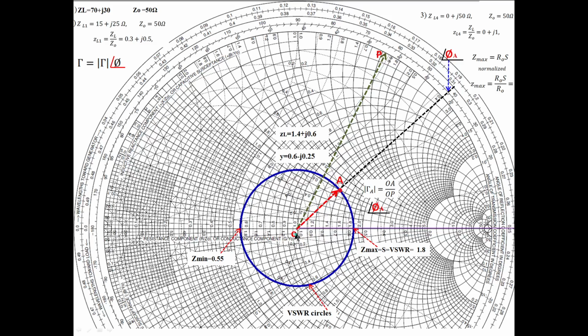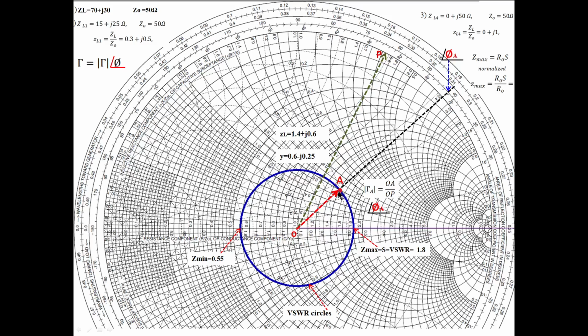Just draw a line from the center of the Smith chart to the load point, measure how many centimeters. Similarly, measure how many centimeters it is from the center of the Smith chart to this R equal to 0 circle, like the OP I have marked here. Take a ratio, that gives the magnitude of this reflection coefficient. And to find the phase angle, it is a complex number, what do we have to do? The load point we have marked here.